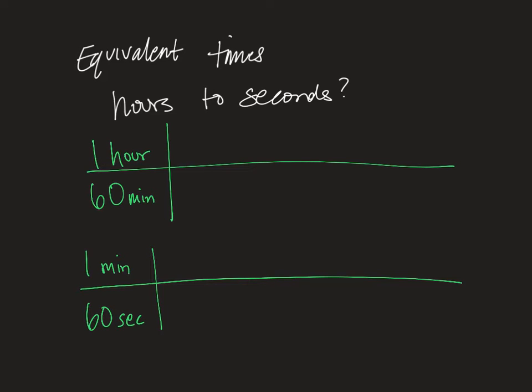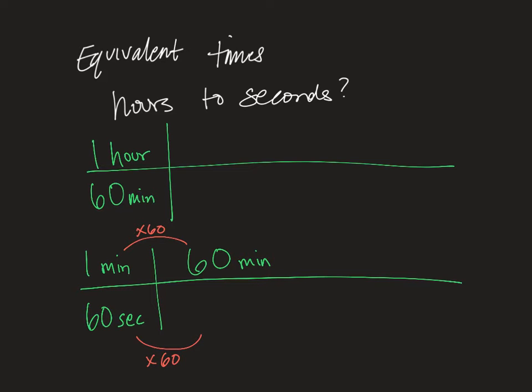So now I need to do some multiplication. So I want to know how much are in 60 minutes. Well, on the top, I'm multiplying times 60. So on the bottom, I'm going to do the same to get to my value, times 60.